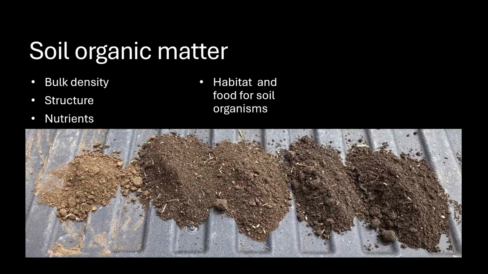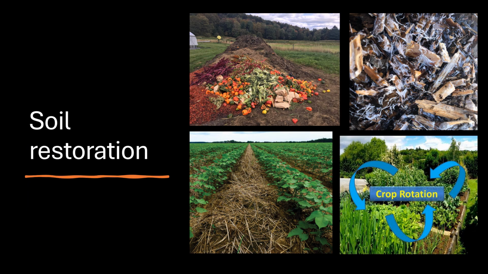Okay. So with all that in mind, let's talk a little bit about soil restoration. All those different properties, structure, bulk density, organic matter, nutrients, a lot of them can be improved with a good quality compost.